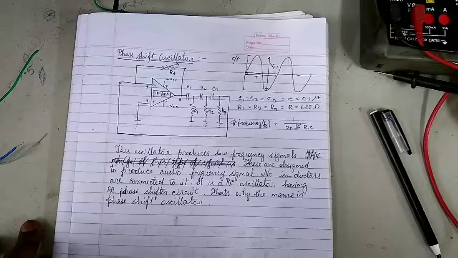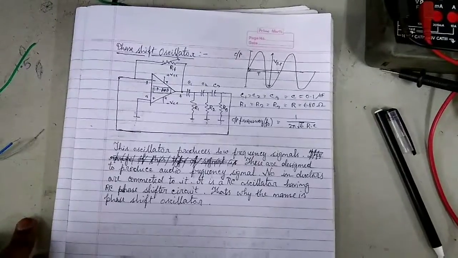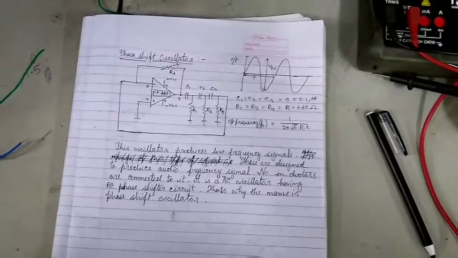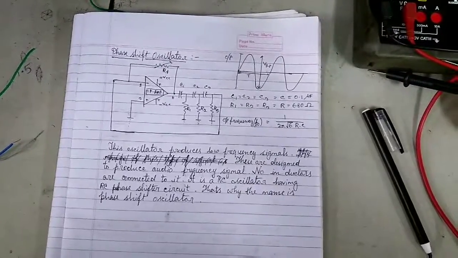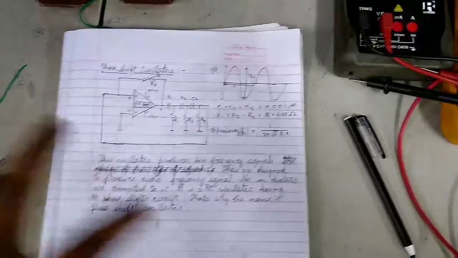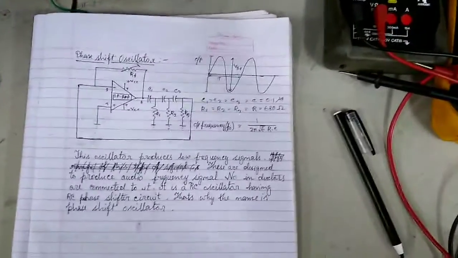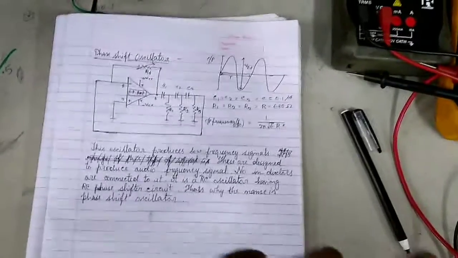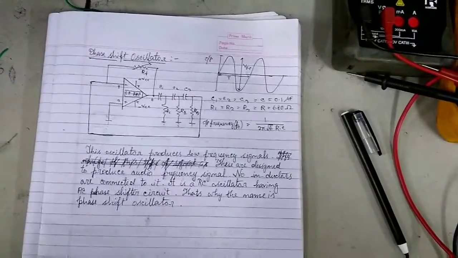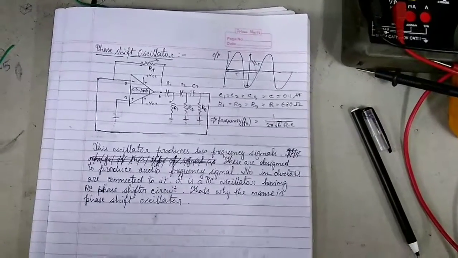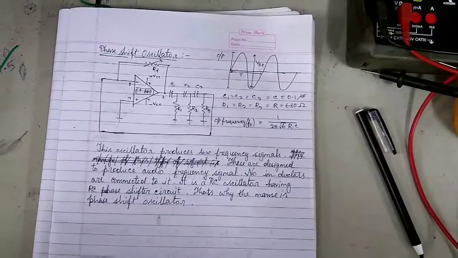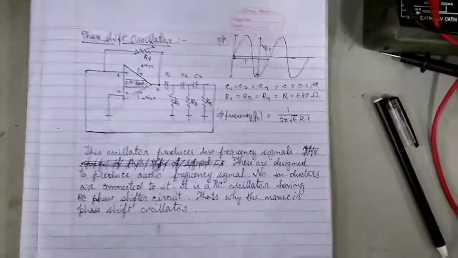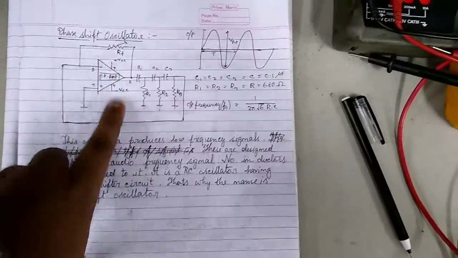This one is also using op-amp, and all these oscillators can be designed by BJT, and even the Hartley and Colpitts oscillators can be designed by op-amp. So all these oscillators can be designed by either BJT or op-amp, whichever you want to use.